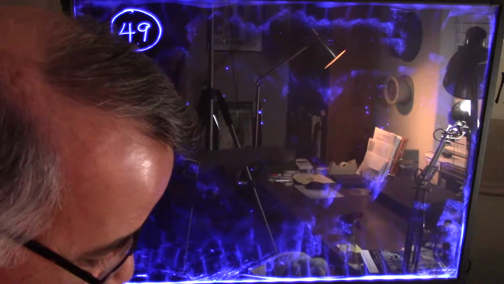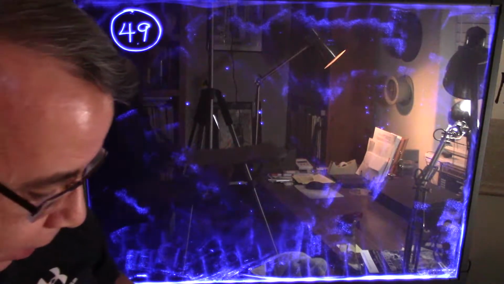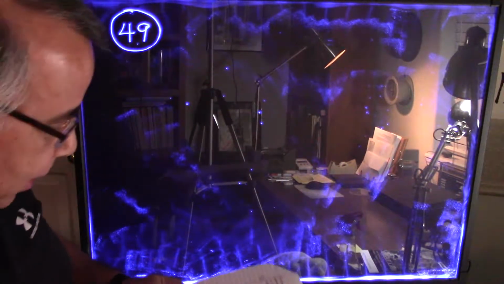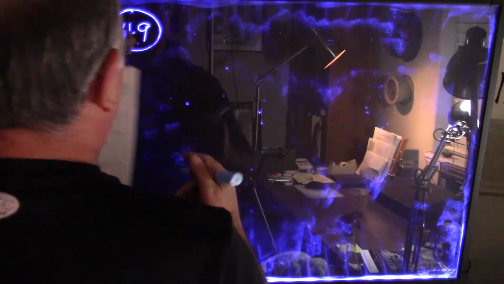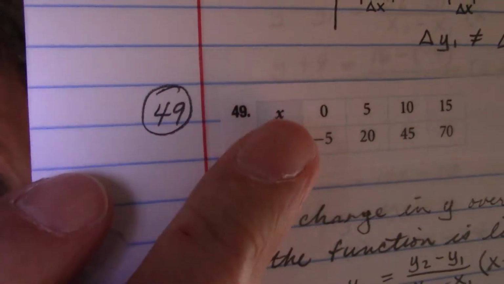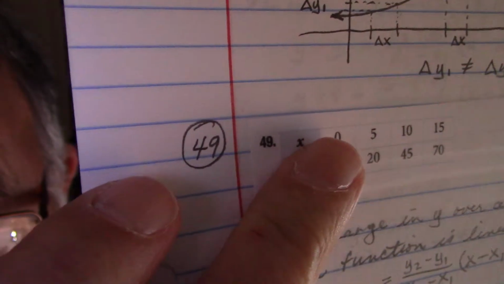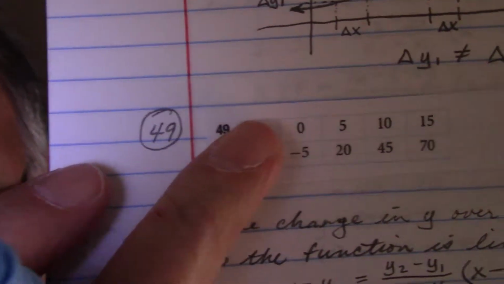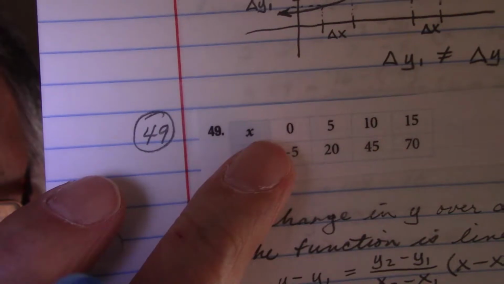Well, yeah. The change in y over a fixed change in x is constant, so this is a linear function. So I'm going to use 2 points here. If you look again at the table, we have 0, -5, and 5, 20. We could use those 2 points, or you could use any other 2 points in the table.